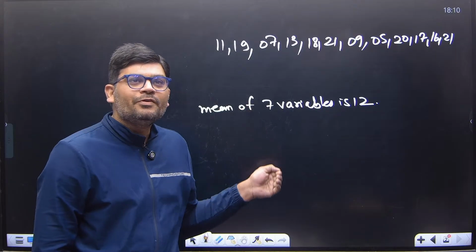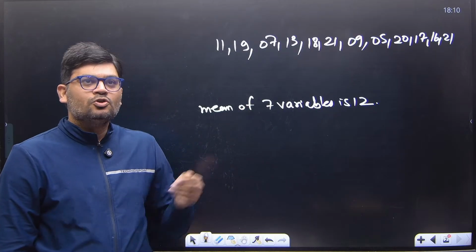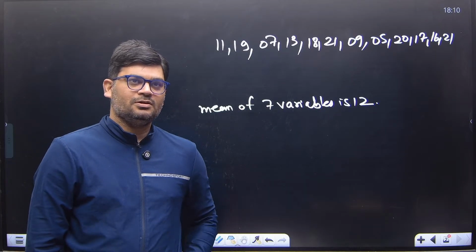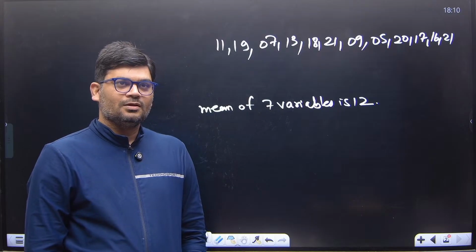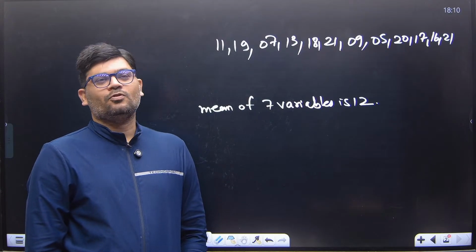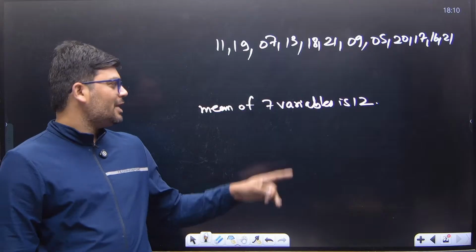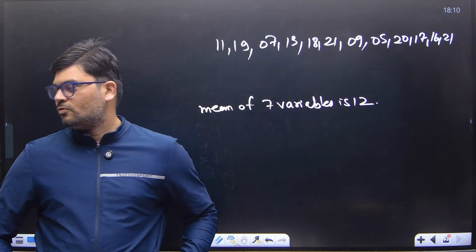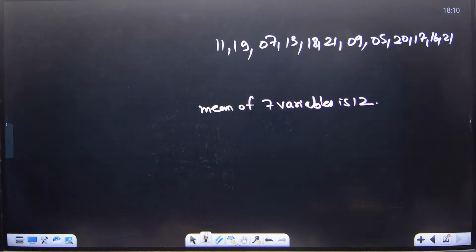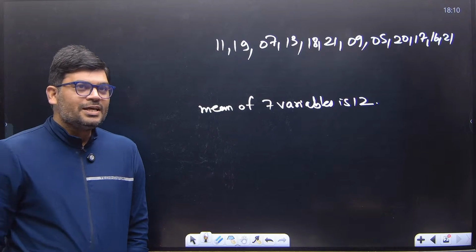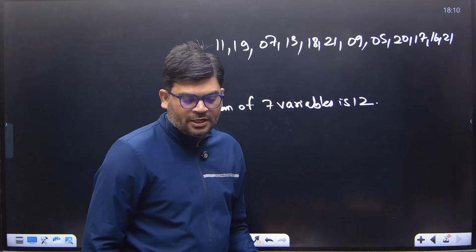So there are 7 variables there. So 12 times 7 is how much? 84. 7 times 2 is 14, so the last digit will be 4 only. Are you getting this? Yes. So we say that the sum of all the observations is 84.